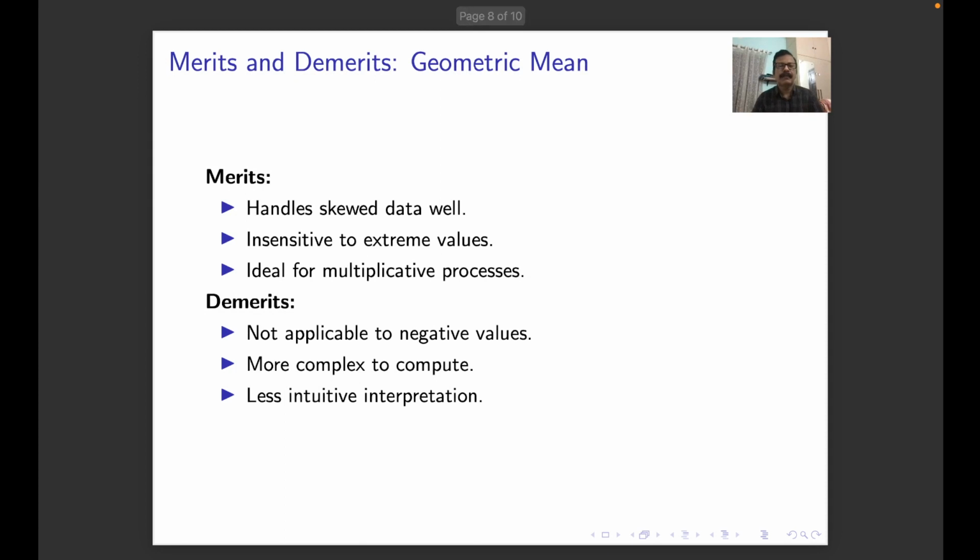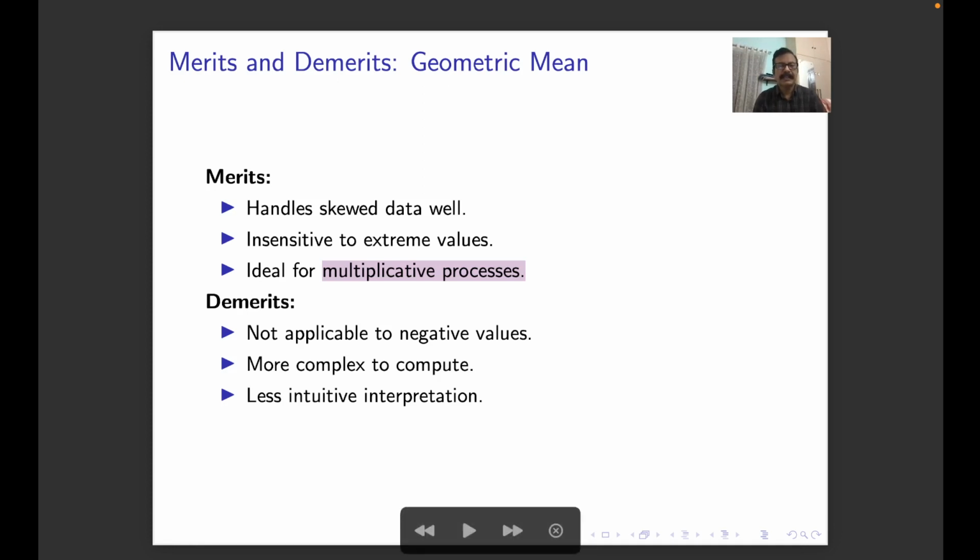Now, two important matters are the merits and demerits of the geometric mean. The geometric mean handles skewed data well, that's the first merit. Another merit is that it is less sensitive to extreme values, and it is ideal for multiplicative processes. These are important merits.